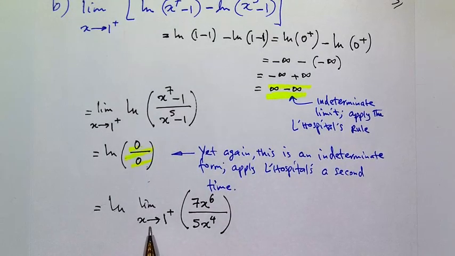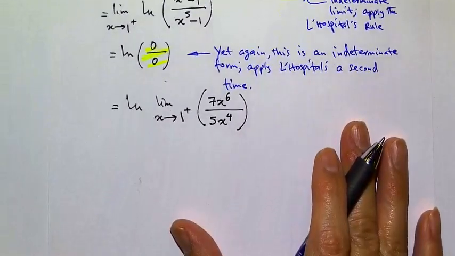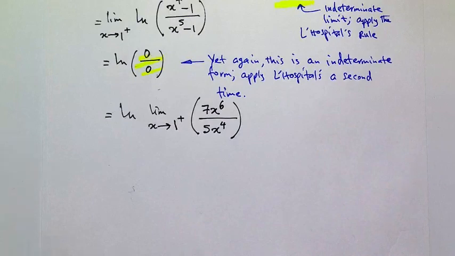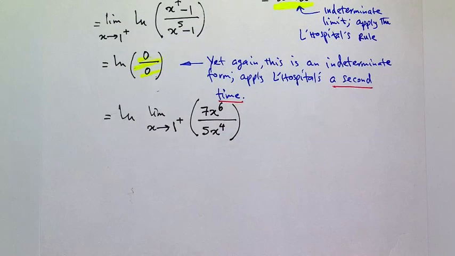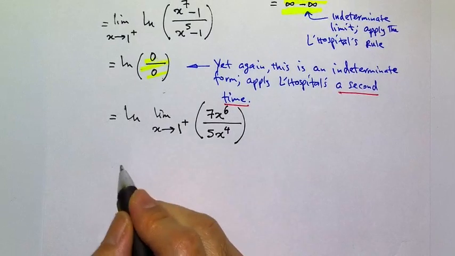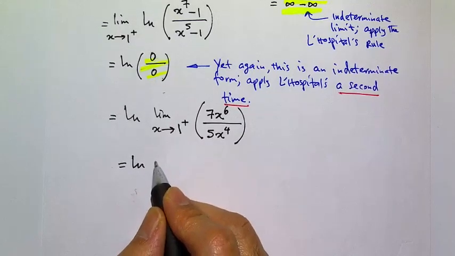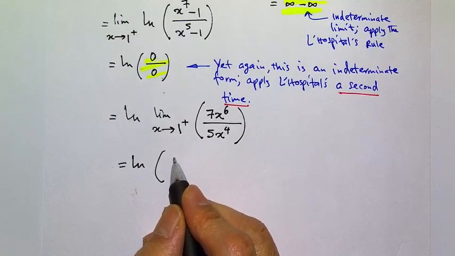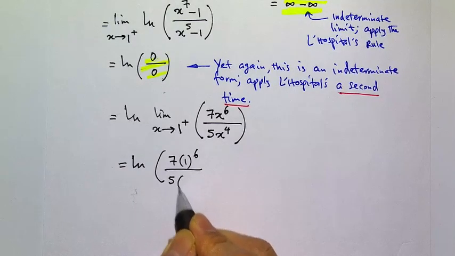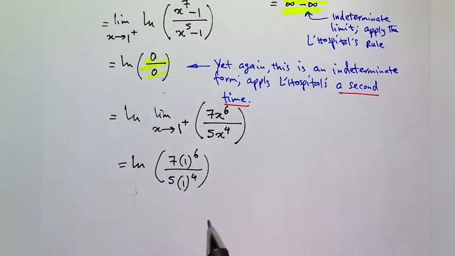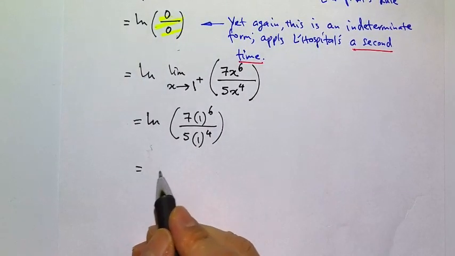And now, if we apply the limit, what are we going to get? And I want to underline a second time, okay? So we're going to get natural log of 7 times 1 to the 6th power over 5 times 1 to the 4th power, and we have natural log of 7 over 5.